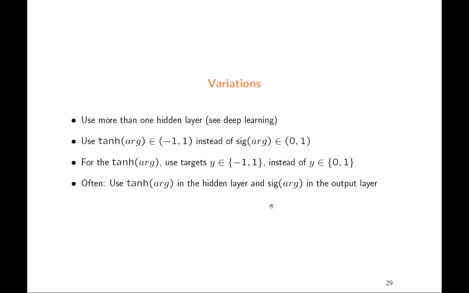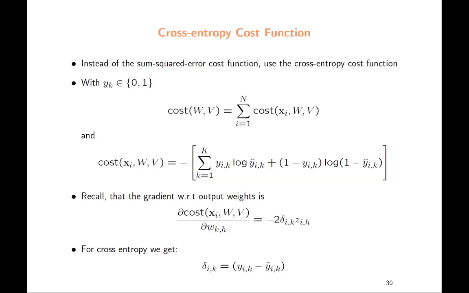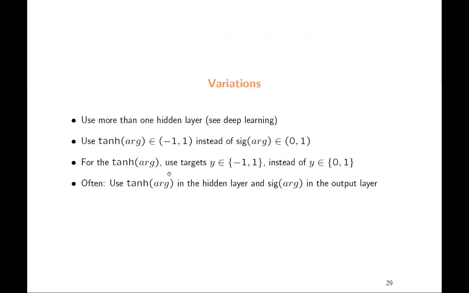Or people often use the tanh in the hidden layer, but then in the output layer, they use the sigmoidal function. So the tanh really looks like the sigmoid, only that it goes between -1 and 1, and goes to 0 at 0, which sometimes you like to have.